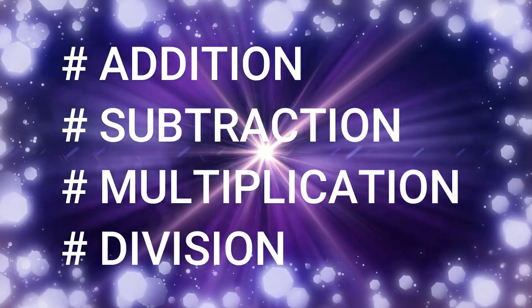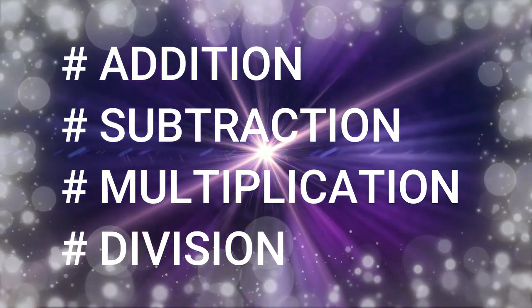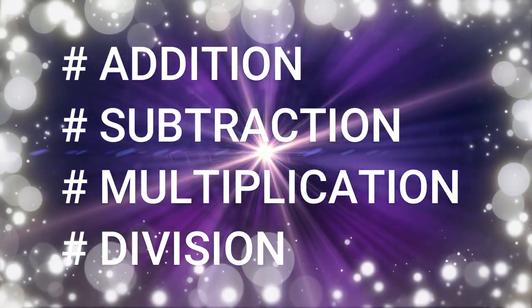We know to apply 4 basic operations on numbers such as addition, subtraction, multiplication and division. Let us see exercise 1.2 which deals with these 4 operations. When we are doing statement problems, you need to read the question twice or thrice.